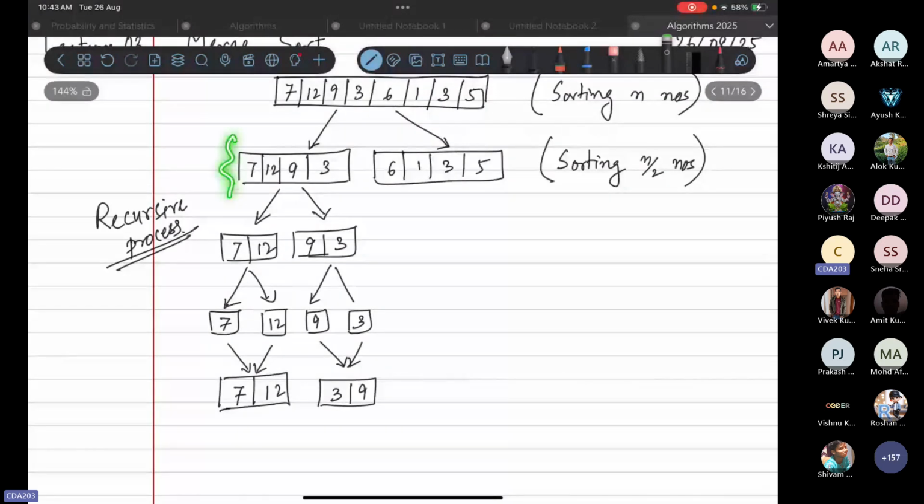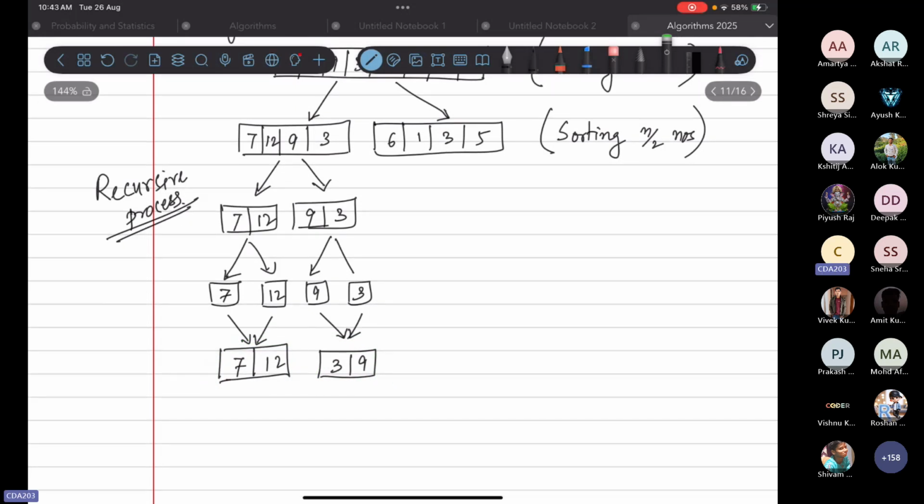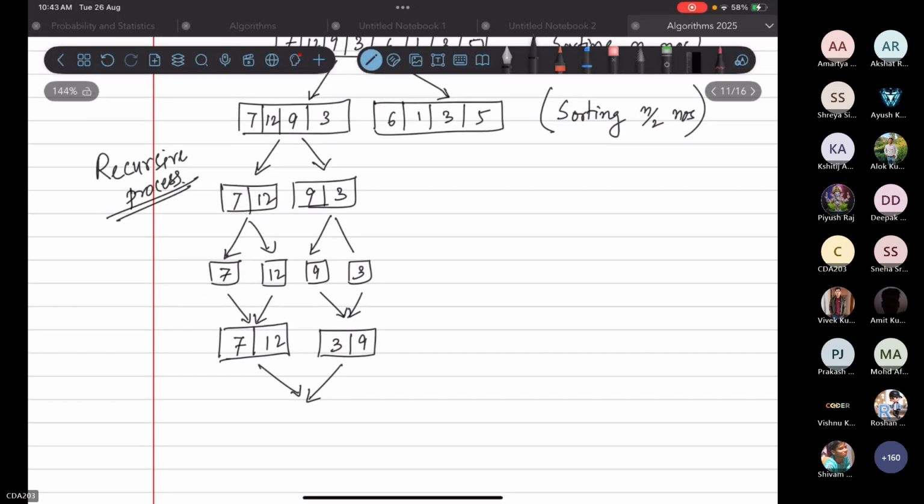My next goal is to get a sorted order of this set of numbers, and I'll get it from the solution of this subproblem and this subproblem. At this point, I know the solutions of these subproblems, which are basically this one and this one. Now what do I have to do? I have to combine these two sorted arrays and make a bigger sorted array. Something like this.